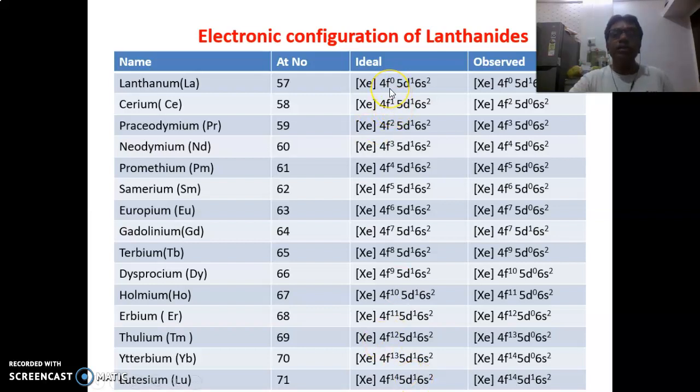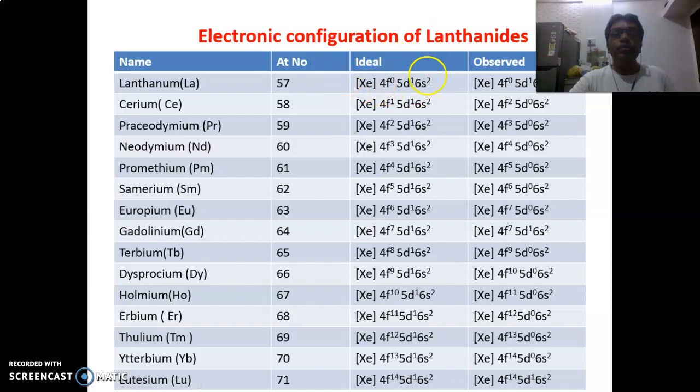We just have to add the electron into the 4f orbital. This 4f orbital is the last-but-two shell, the pre-penultimate shell. This is the last-but-one shell, the 5d orbital, and 6s is the last shell. So this is n-2, this is n-1, and this is n, because n equals 6 here.